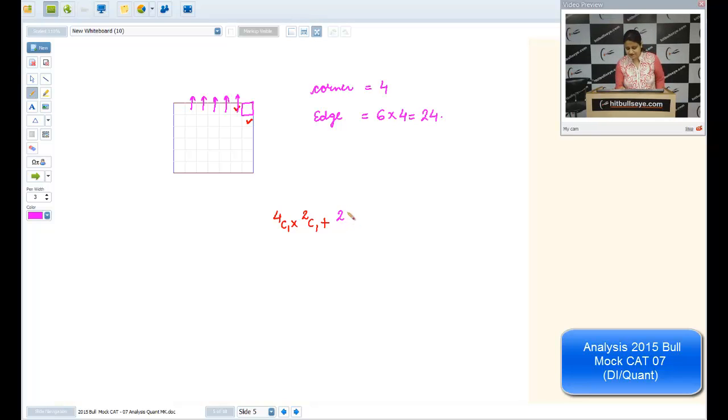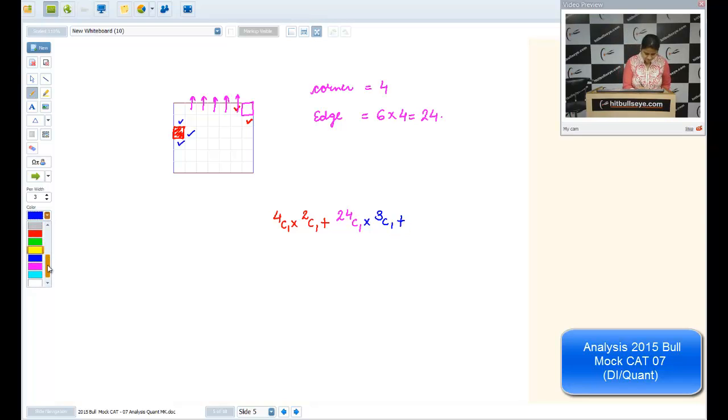So this choice can be made in 24C1 ways. For example, if I take any edge square, for example this, and we need one square that has exactly one side in common, so we have 3 choices. So this can be done in 3C1 ways.